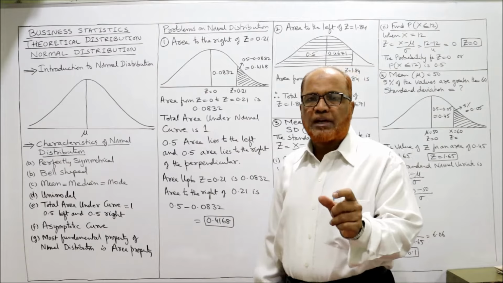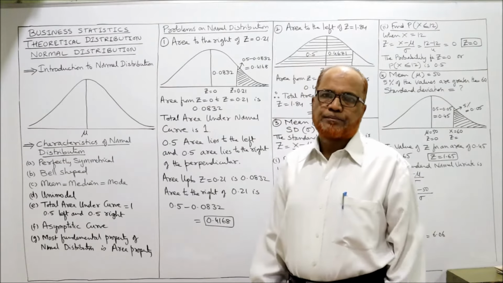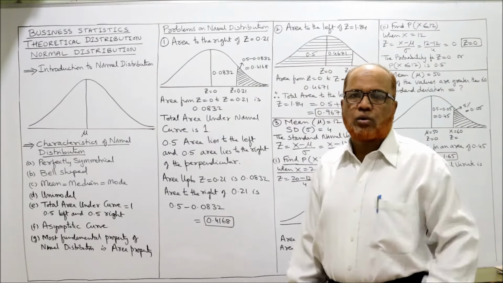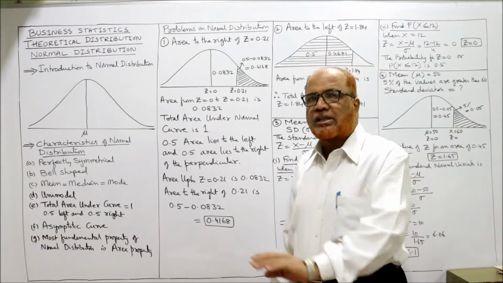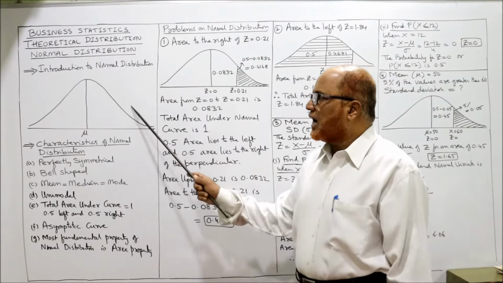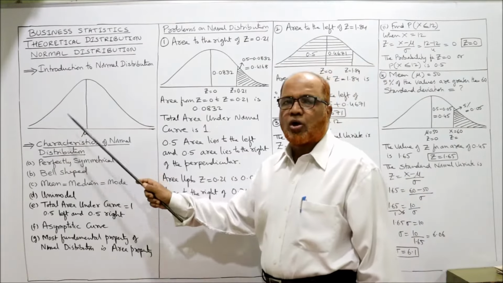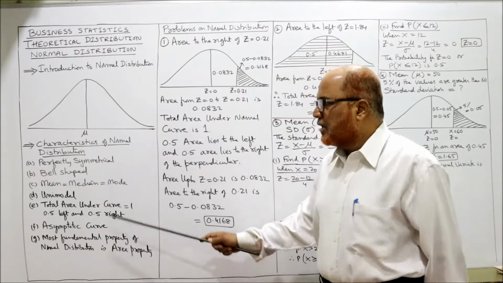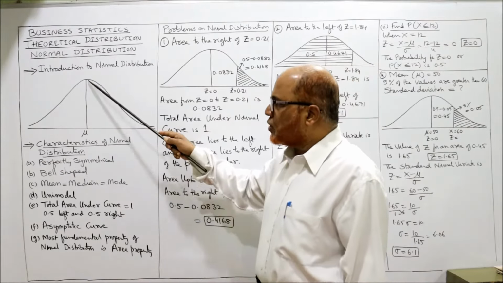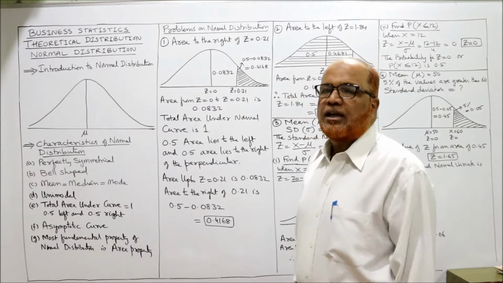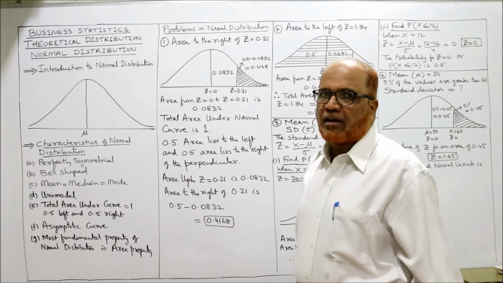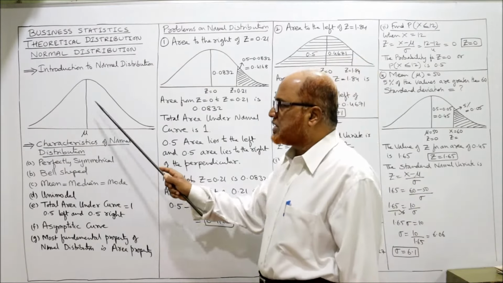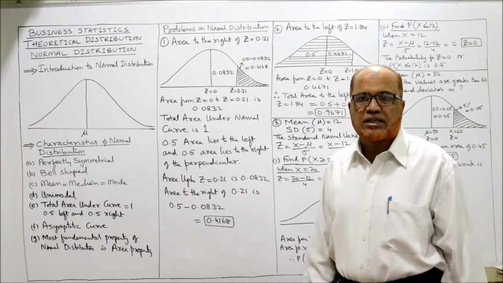The value of probability ranges from 0 to 1. Probability will never be less than 0 and never more than 1. So here the entire area under the normal curve is assumed as 1, and when a perpendicular is drawn from the middle, equal area lies on the left and right side. 0.5 area left side, 0.5 area right side.